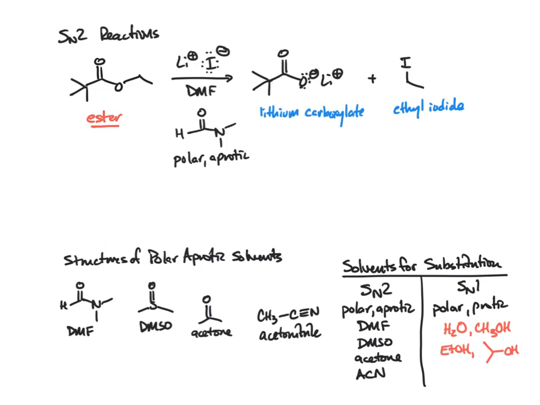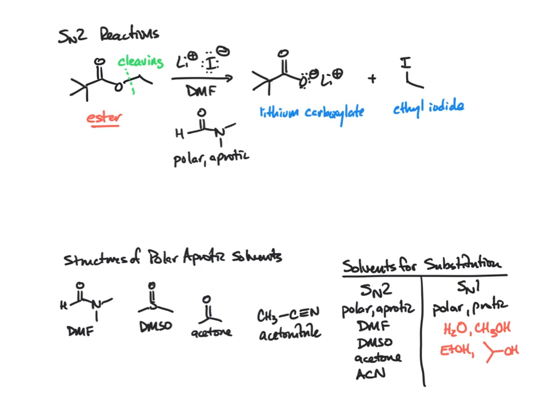If you'll permit me, in maybe green here, this bond is cleaving. So in our mechanism, we have to show an arrow that cleaves that bond. In the product, the oxygen ends up with 3 lone pairs, and it starts with 2, right? So that oxygen's getting a lone pair, and then it has a negative charge, and it has a lithium counterion.